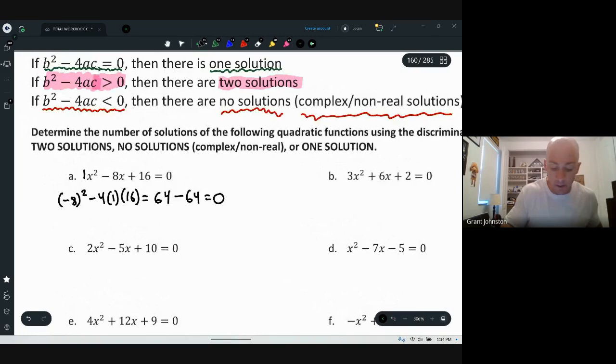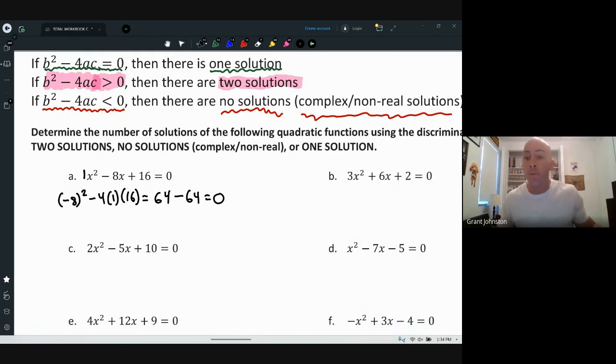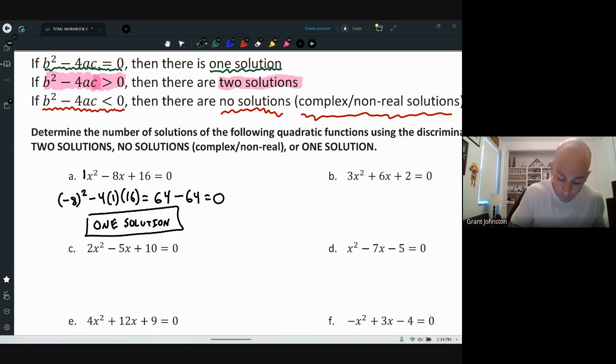So if b squared minus 4ac equals 0, we're going to say that there is one solution. And just so you understand the reasoning, in the quadratic formula, if we take the square root of 0, it's just a singular value. It's just 0. There is no positive or negative solution.